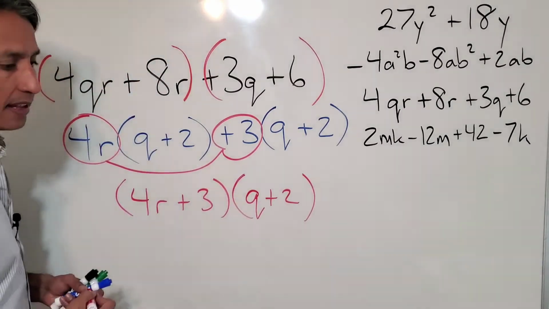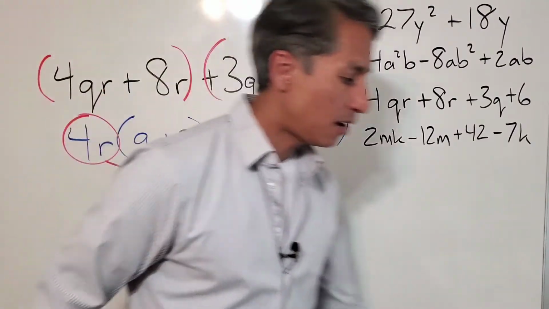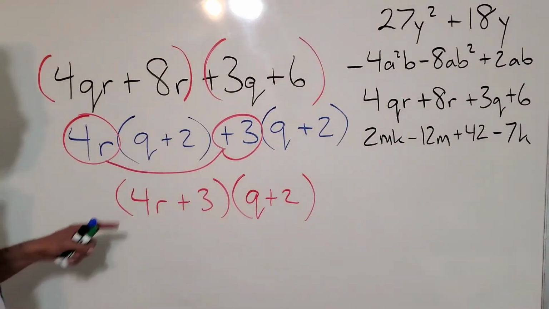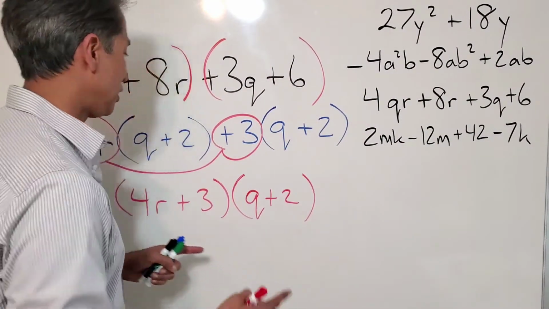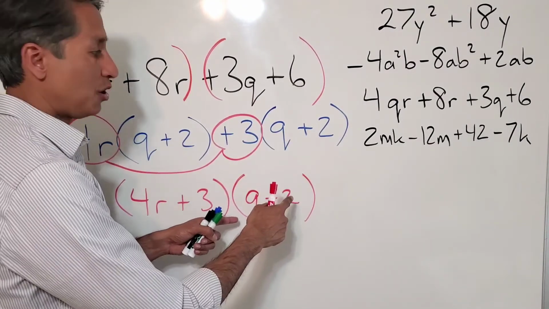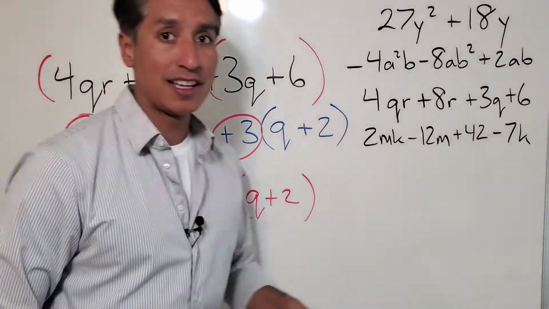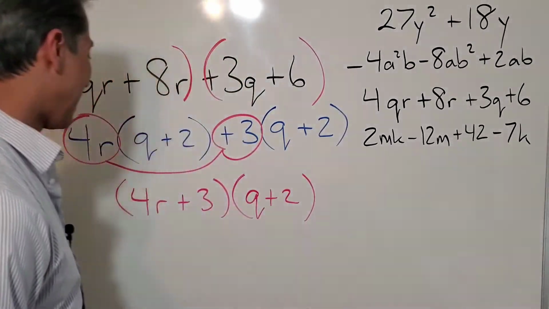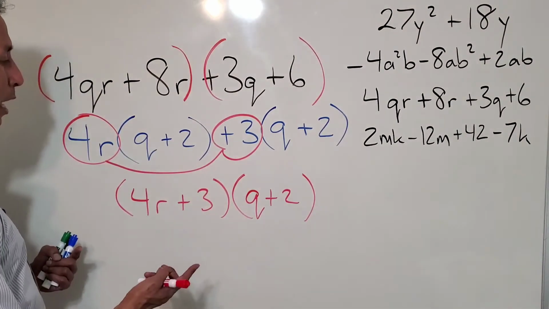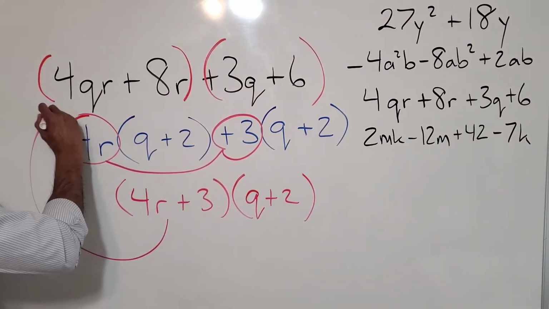Okay. And so at that point, I do have my 2 parts. Now, some books or some people will say, well, there's 2 of them, so do I need to write it out as 4R plus 3 times Q plus 2 times Q plus 2? And the answer is no. The main reason is that if I were to do that, I would not end up with this.